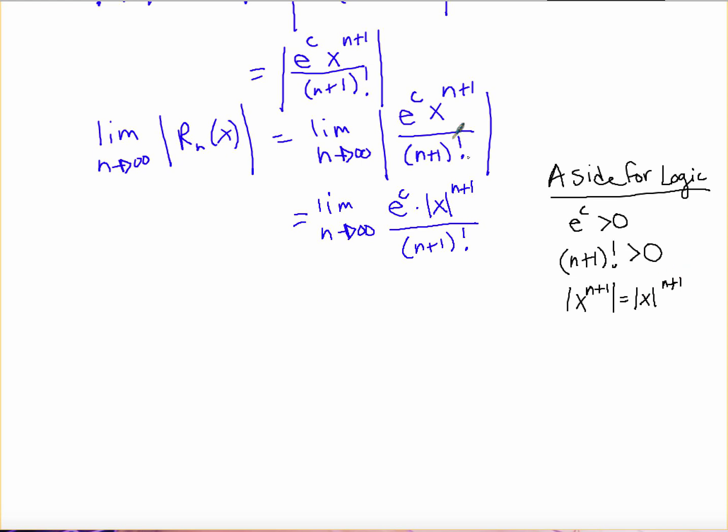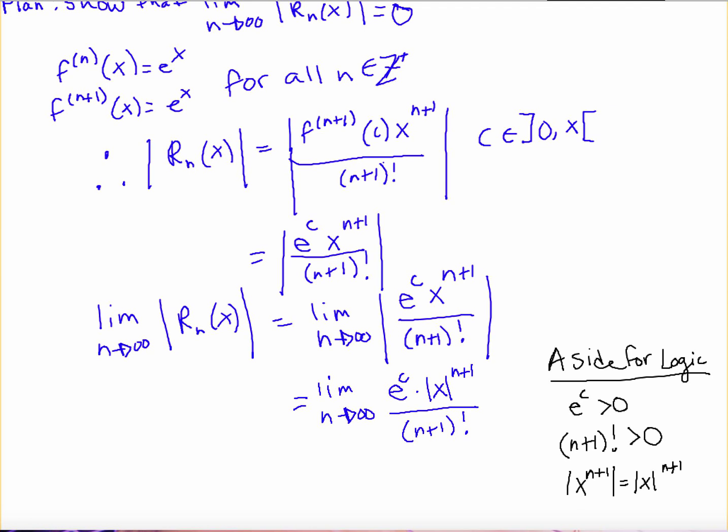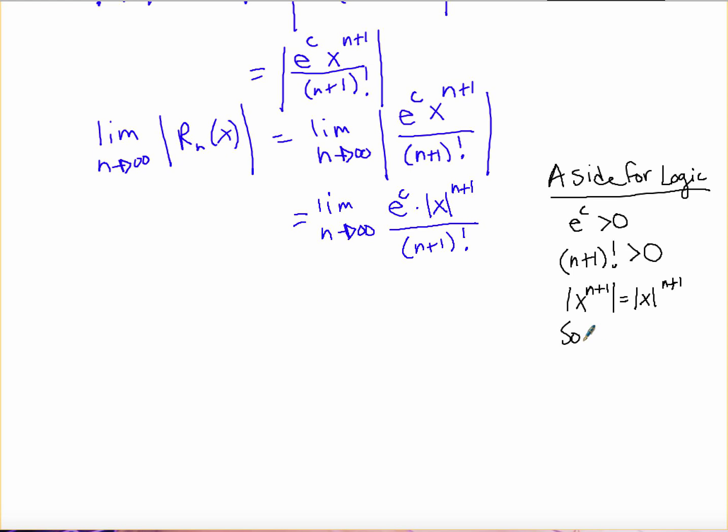So we also know, when we were first defining the error term, that c exists in between 0 and x, right? So we know that x has to be bigger than 0. And we also know that 0 is less than c, and c is less than x, because we did just say that there exists some c value that's in between 0 and x. So I'm just basically putting it in an interval here for us.